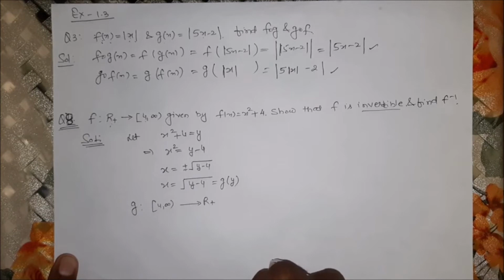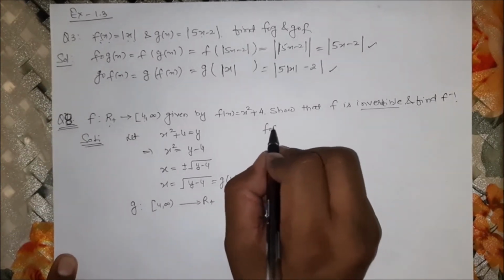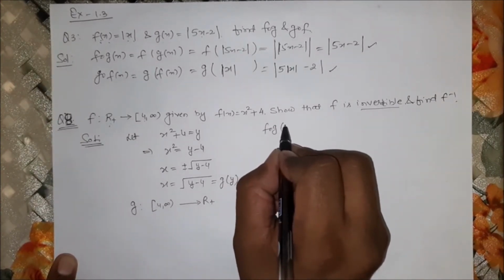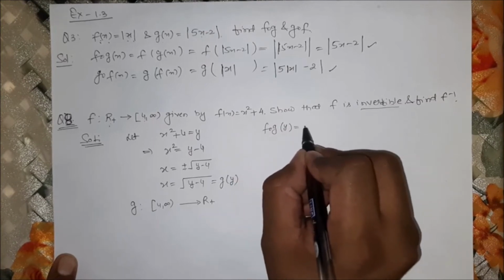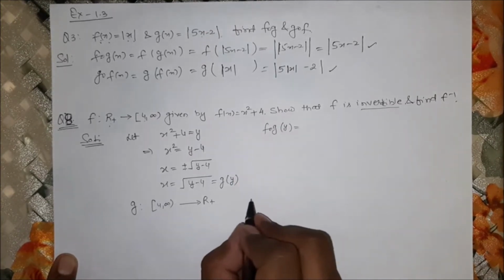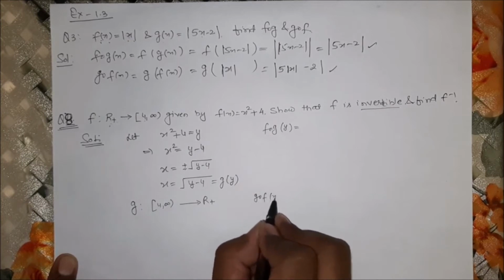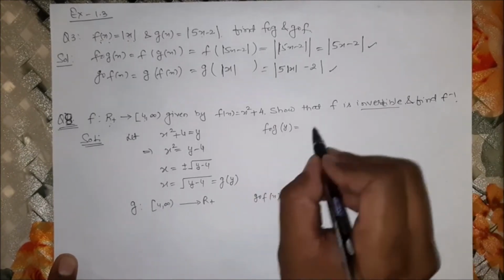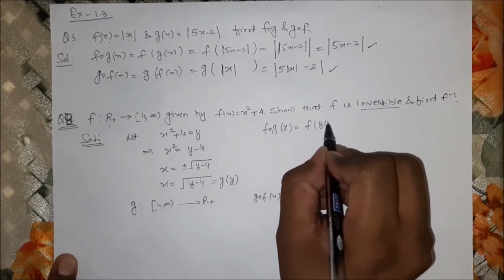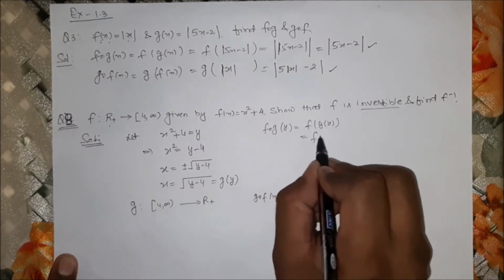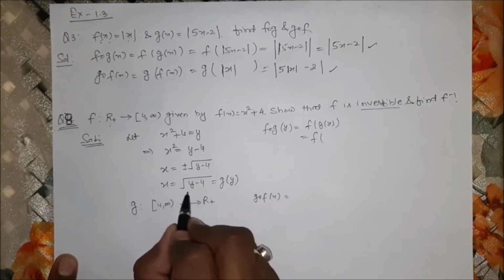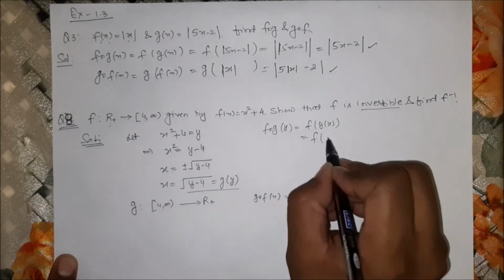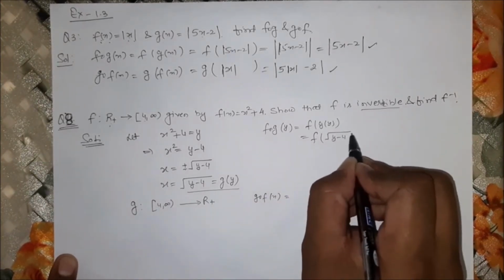Now we will check fog as well as gof. We will consider fog of y. First we will find fog, then we will find gof, and check whether they are identity functions or not. Fog of y means f of g of y. G of y means this root y minus 4.